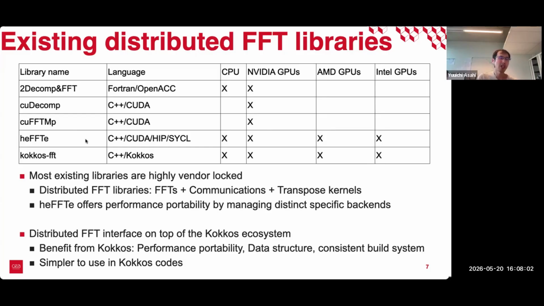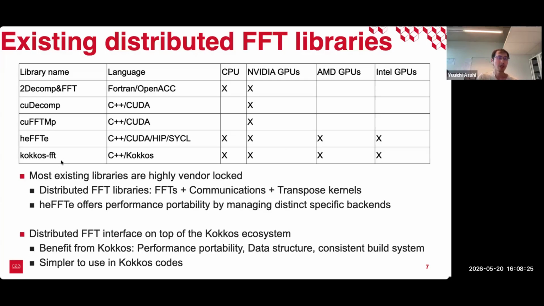To the best of my knowledge, the only library that supports AMD GPUs is heFFTe, which was developed in the ECP project and supports CUDA, HIP and SYCL by internally having each implementation.